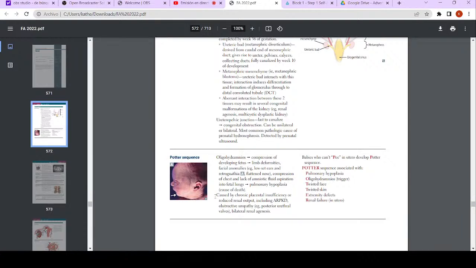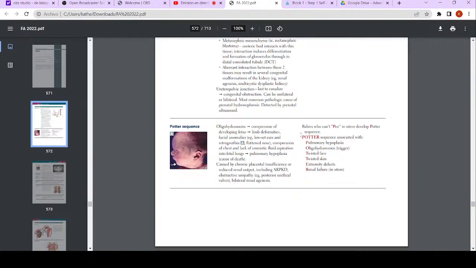The thing they ask most about is that it is a sequence and not a syndrome. They ask about things like pulmonary hypoplasia, oligohydramnios, twisted face, twisted skin, extremity defects, renal failure in utero. This is something that they ask a lot.